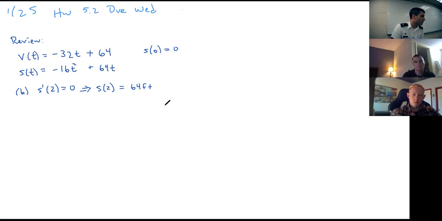So new problem to ask, this is part C. It simply asks, what's the displacement at t equals 3?